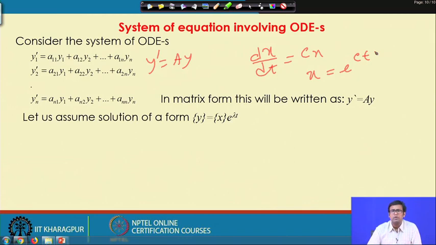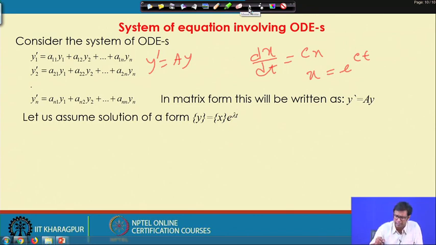Similarly, we will assume a form of the solution here, where the vector y is a vector x, with different coefficients, multiplied by e to the power lambda t. So, it is a linear combination of e to the power lambda t.